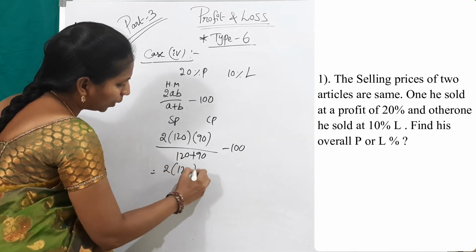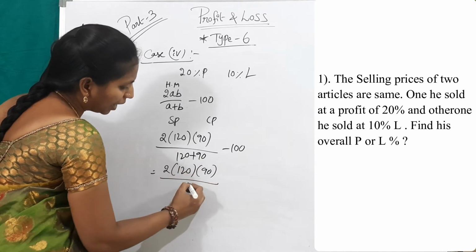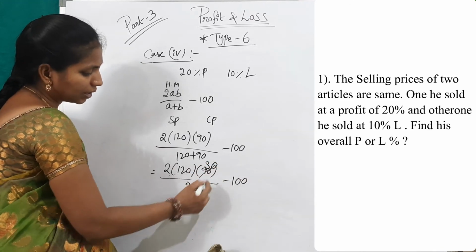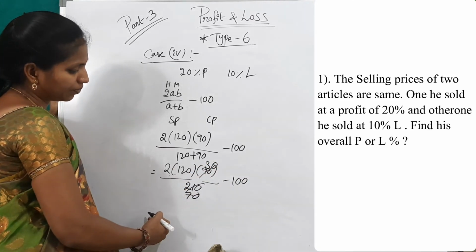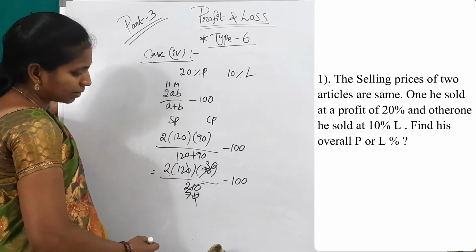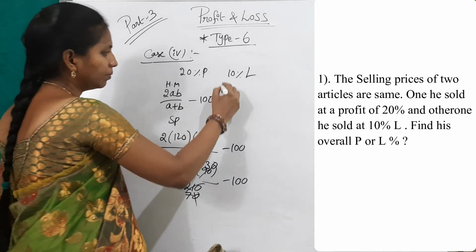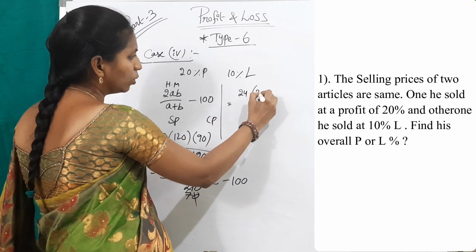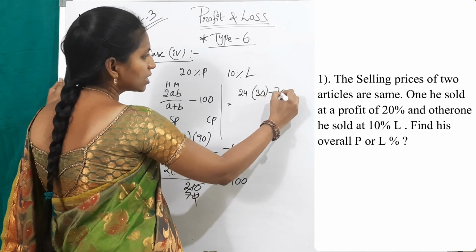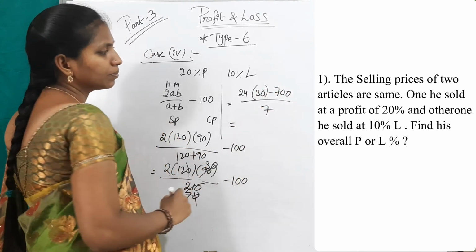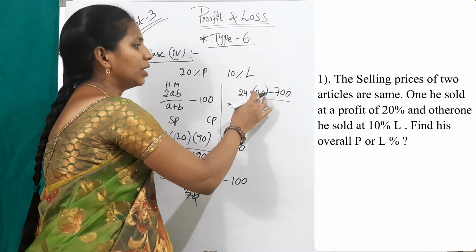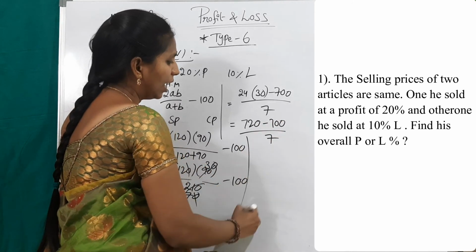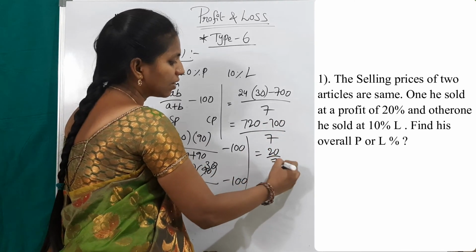Now 2 into 120 into 90 by 210 minus 100. 3 cancelled 30 times and here 70 times. And 0 gets cancelled. Okay. Now see here, that equals 2 into 12 is 24 into 30 minus 700 by 7. 60 and 72, 720 minus 700 by 7, and that equals 20 by 7.